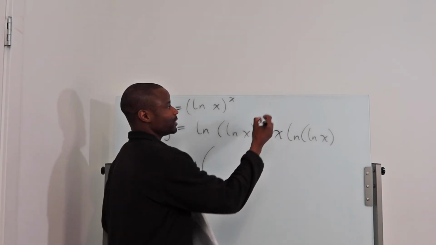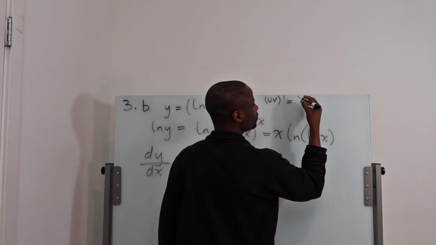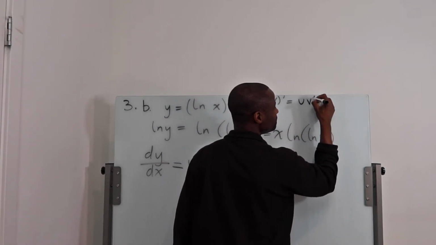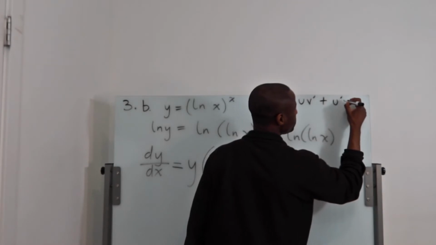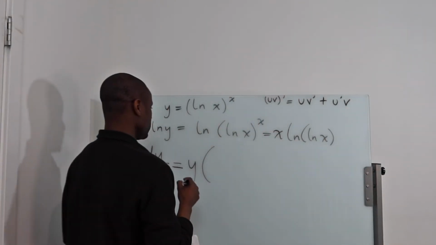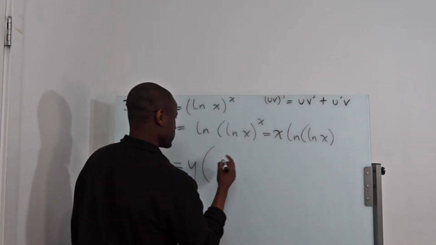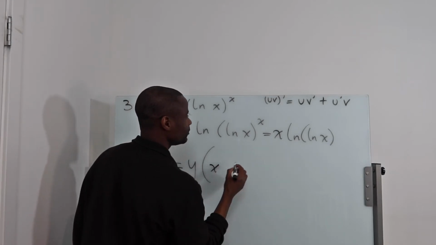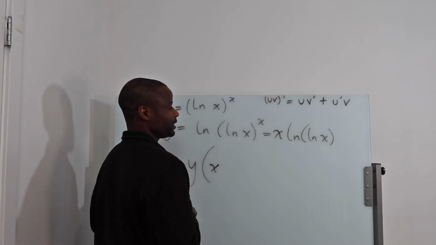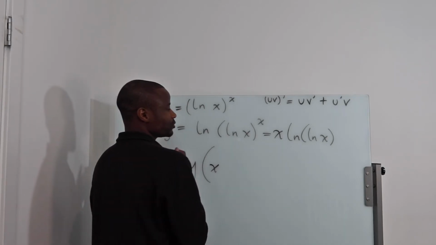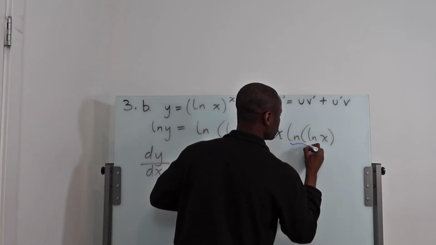The product rule tells us that (uv)' equals u times v' plus u' times v. So u will be x, and then our v is the natural log of the natural log of x.